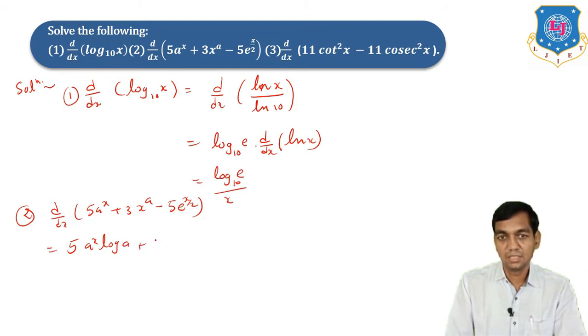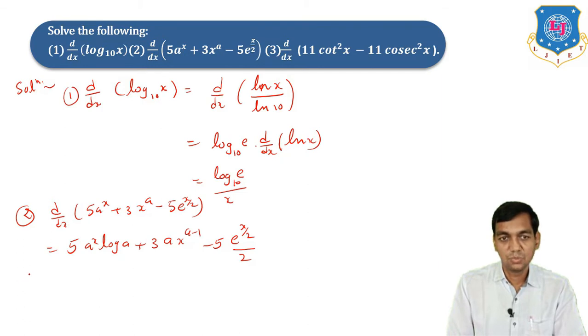Same manner here, 3 is constant, x raised to n has a derivative n into x raised to n minus 1. So a into x raised to a minus 1. Minus 5 as it is, e raised to x by 2 has a derivative e raised to x by 2, and the derivative of the power in multiplication, so you have to write into 1 by 2. So it will be upon 2. So this is the answer.